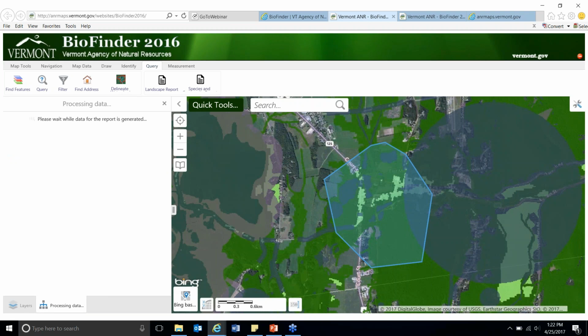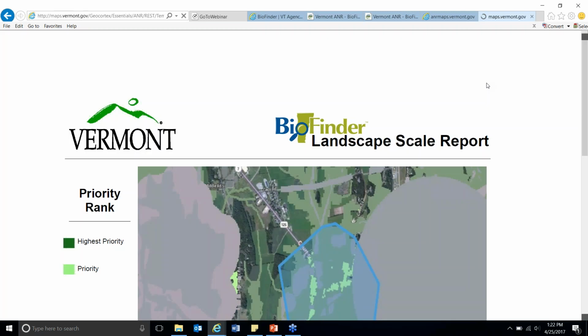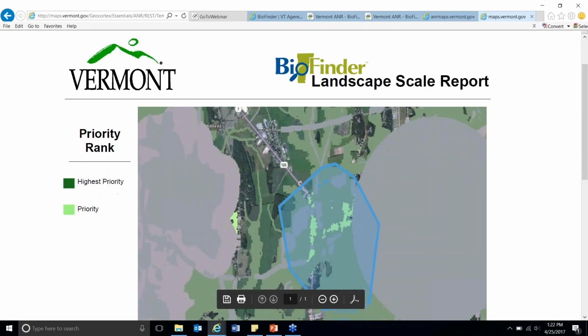And this tool, it takes just a minute to process. But this tool will give me back a report of all of the landscape scale layers that are in that geometry. I'll download that.